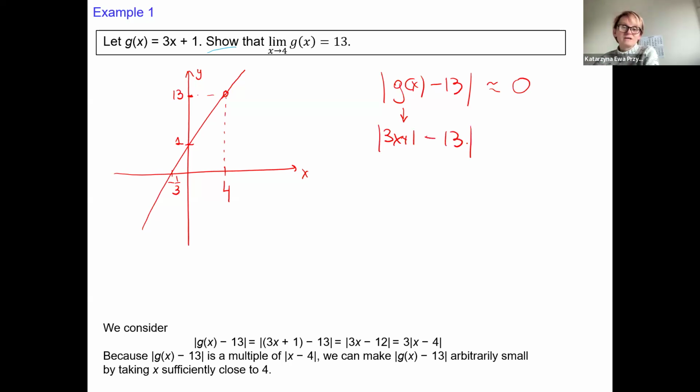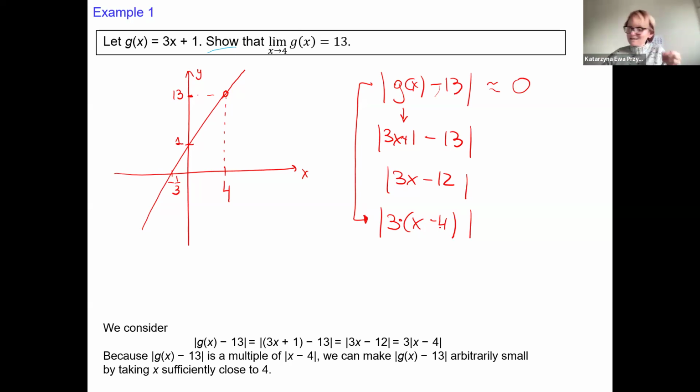I substitute the function 3x plus 1, minus 13, giving 3x minus 12. Then I can factor 3. Now this is the moment. We have to prove that the difference of the value of the function minus the limit is almost 0. We end up with the equivalent expression 3 times the factor x minus 4.